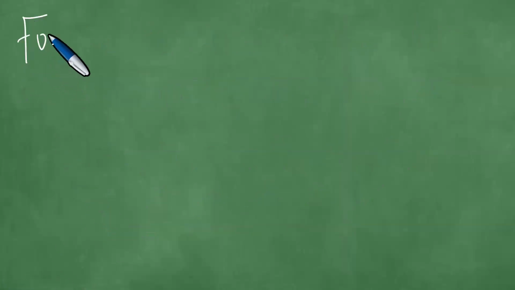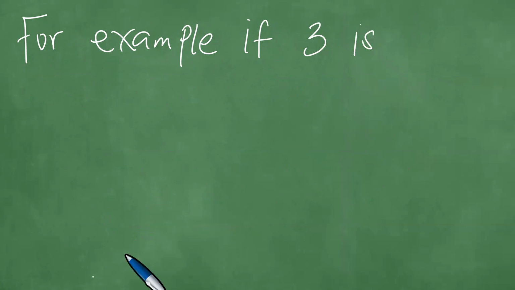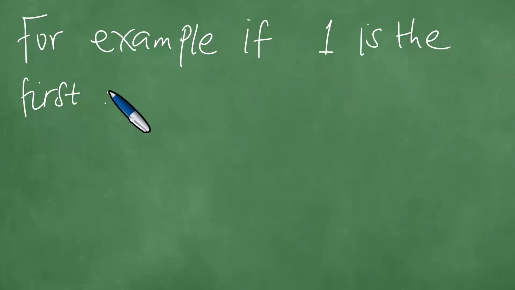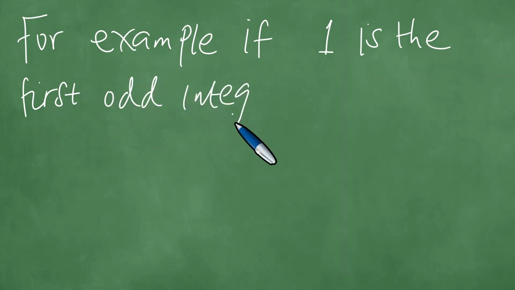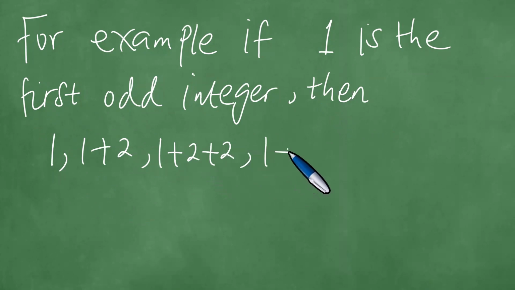Now, for example, if the number 1 is the first odd integer, then we get 1, and then you add 2, and after that you add another 2, and another 2, and so on.